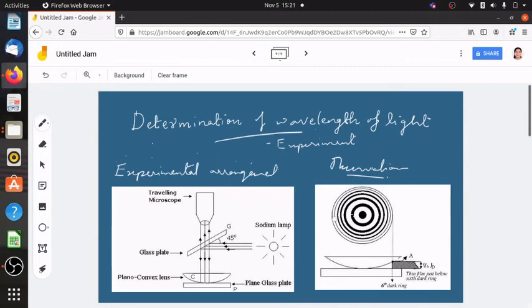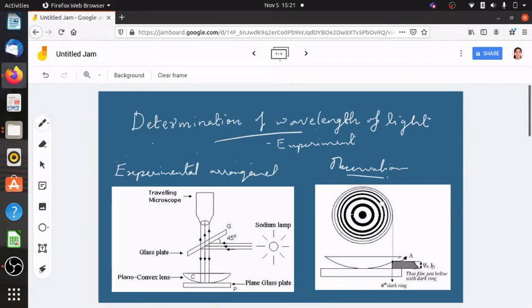We can get the diameter of a particular ring by taking the difference between the readings on the left and right of each ring. For example, to calculate the diameter of the second ring, we take the difference between the reading noted for the second ring on the right and on the left.